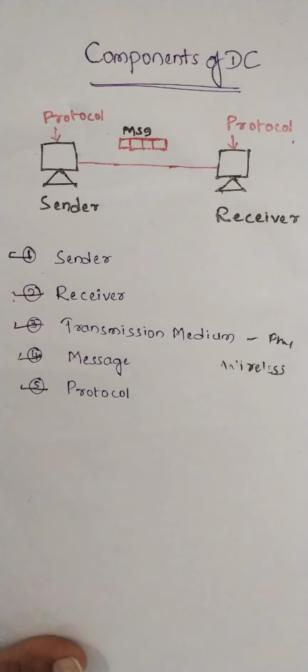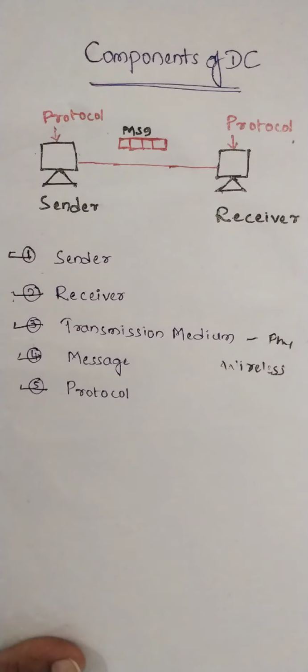The fourth one is the message. From the beginning we are saying that the message is transmitted. If there is a message, then only the sender wants to send. The communication has to take place only when the message is there at the sender side.